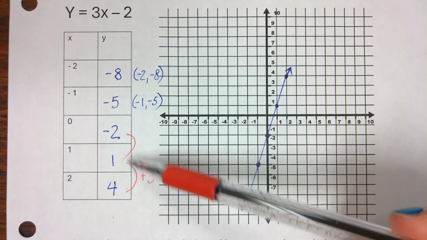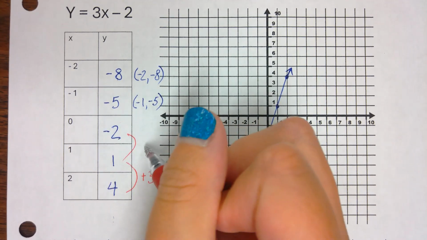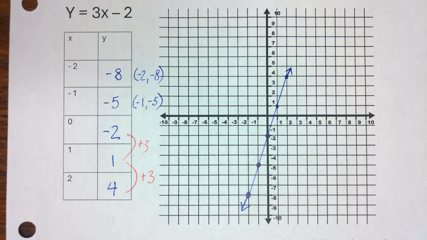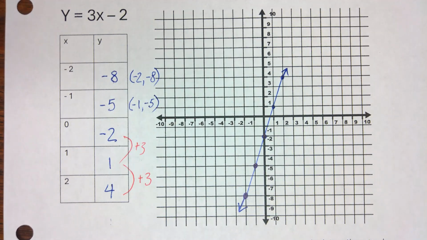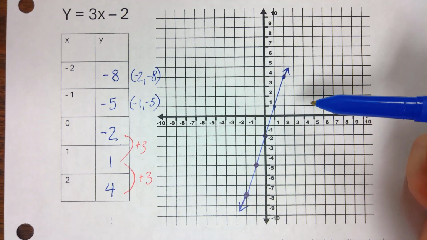And then 2, the pattern in your table of value, the difference should be the same in every step. And then 3, the equation is in the form y equals mx plus b. So all 3 should go in line with each other. If one of them, let's say one of your points is like over here, you know you did something wrong.